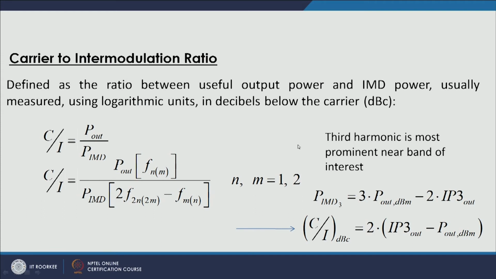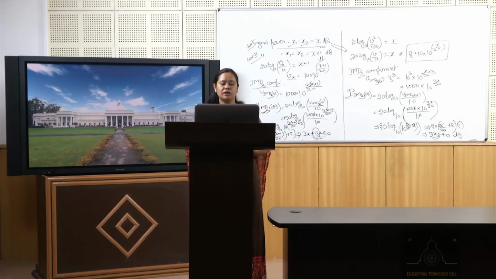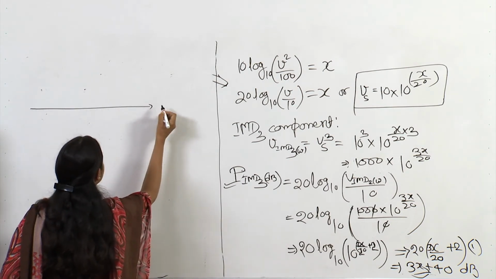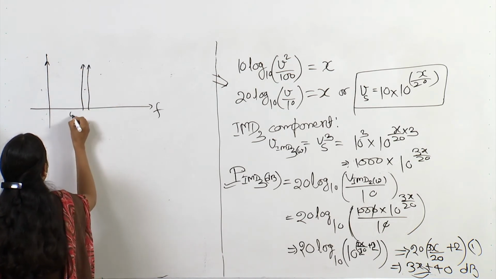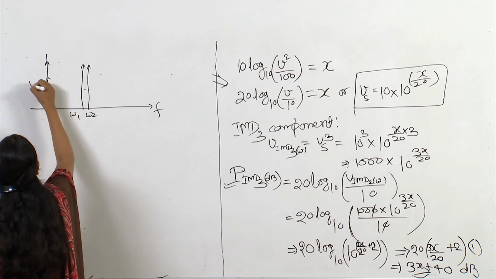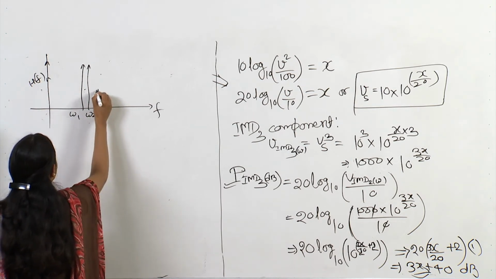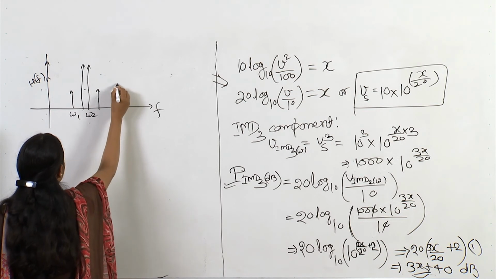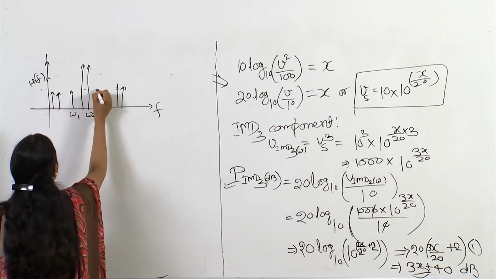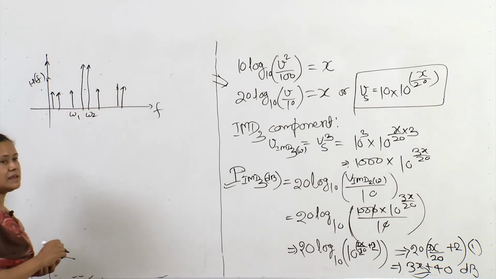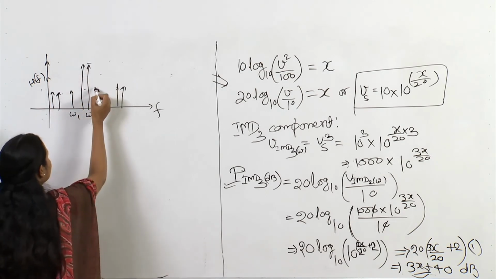It is defined as the ratio between the useful output power and the IMD power, which is normally given in logarithmic units, so it is in dBc. So, if in the frequency domain these are your two tone signals at omega 1 and omega 2, and these are your IMD terms, then this C by I ratio is the carrier to intermodulation level.